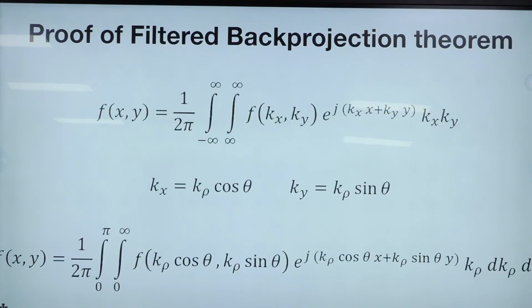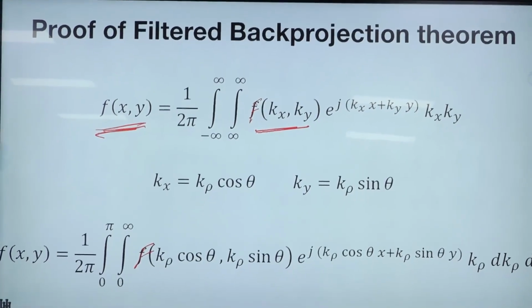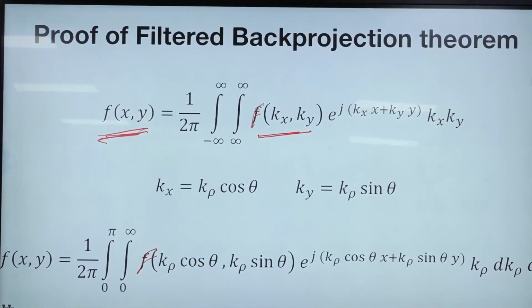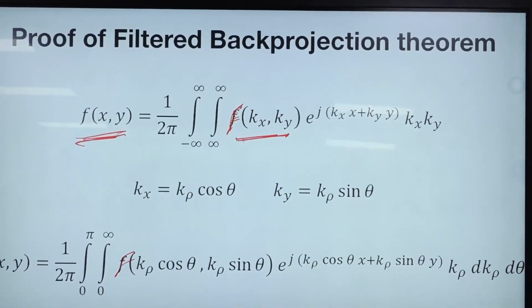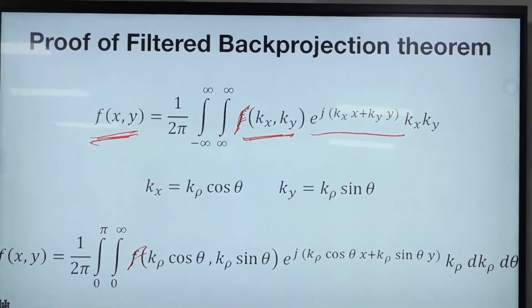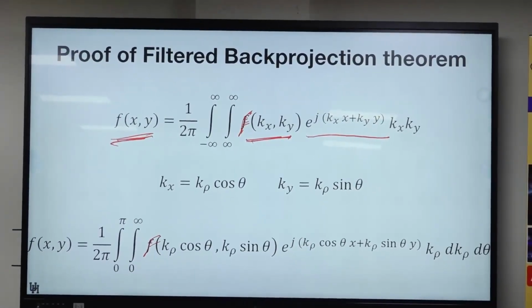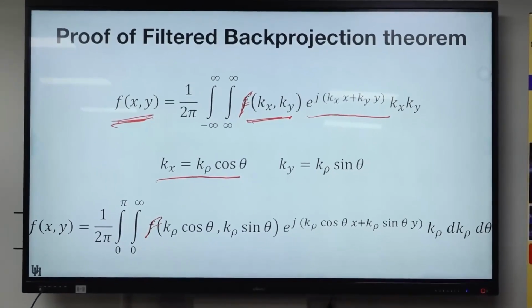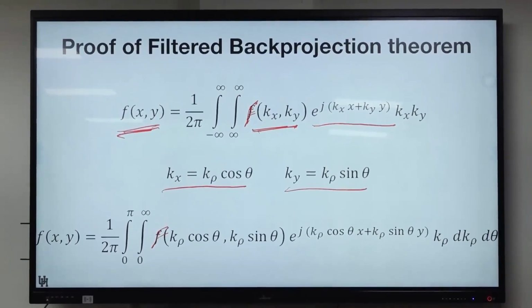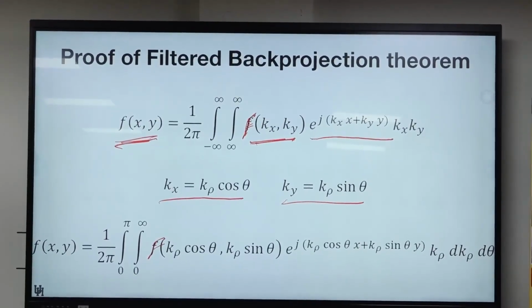When you do that, what you have is, before that, f of x comma y can be thought of as capital F of kx, ky. So it can be written as the Fourier domain F of kx, ky times e to the j (kx x plus ky y). This is the definition of the inverse Fourier transform along two dimensions. If you substitute kx equals k rho cos theta, ky equals k rho sin theta, this is the Fourier domain substitution.